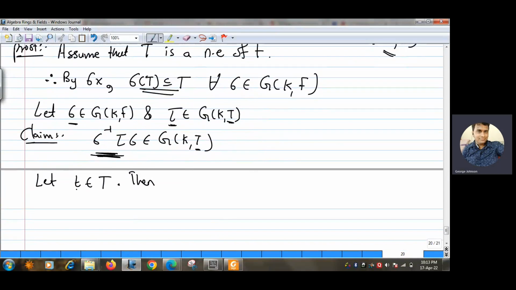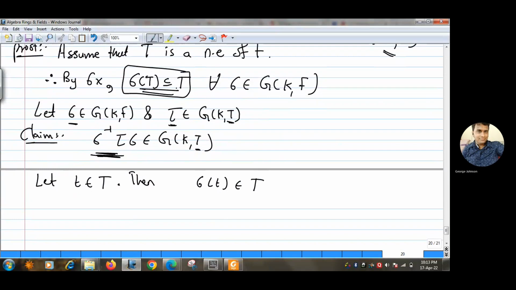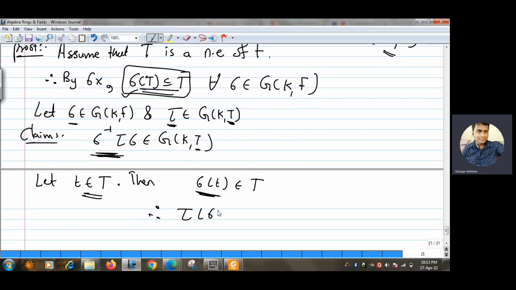Because t belongs to capital T, sigma of t also belongs to capital T, because of this exercise: sigma of T is a subset of T. That means sigma sends every element of T to another element of T. So if I start with an element t of T, sigma will send it to sigma t, which is an element of T. Now I know that tau fixes every element of T. So this is an element of T, so tau will fix this element. Therefore, I can say that tau fixes sigma t.